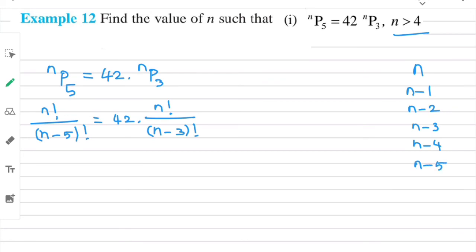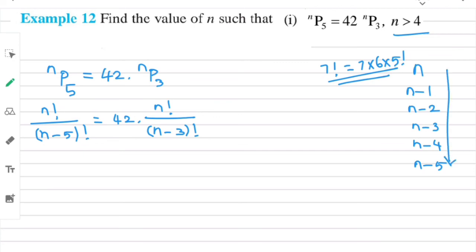If you have 7 factorial, you will write it as 7 into 6 into 5 factorial, right? Like this, I am going to write this n minus 3 factorial as (n minus 3) into (n minus 4) into (n minus 5) factorial.